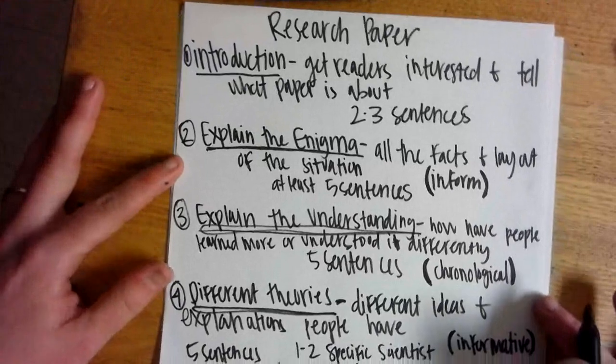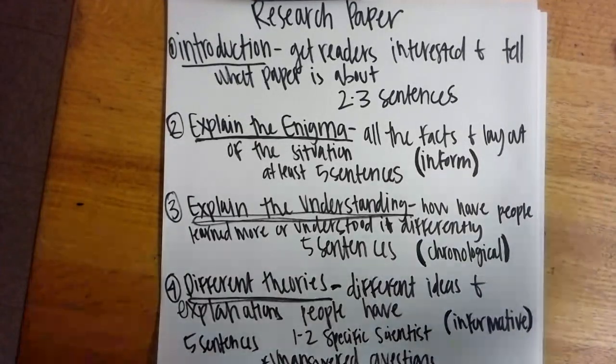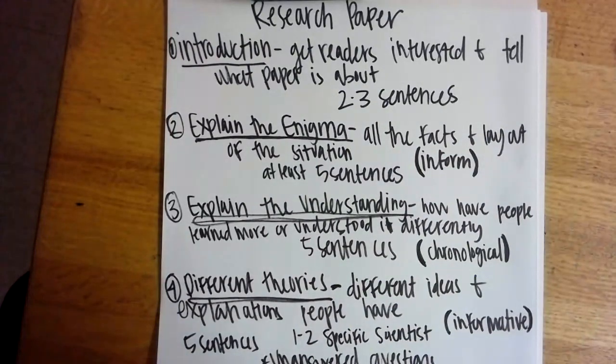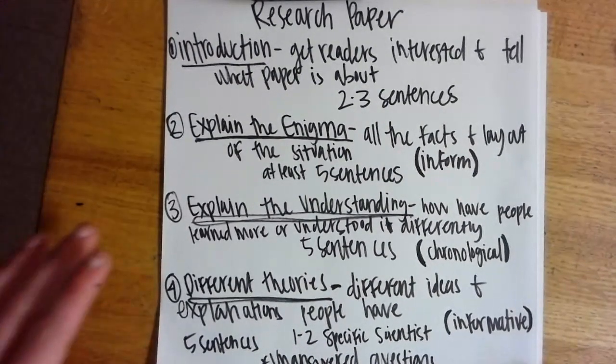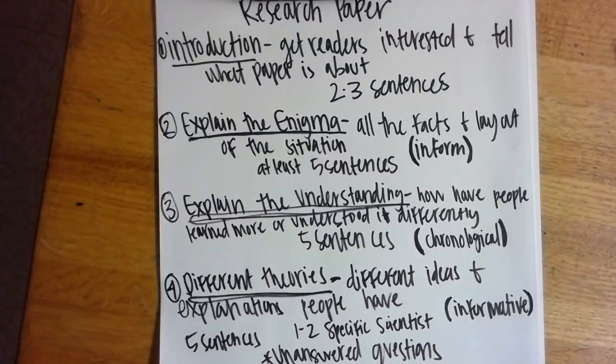I am going to post a picture of this for you guys to look back and reference. I understand that it might be odd to you that we are writing a paper in science, but a huge portion of science is learning to write up what you learn or what you know.